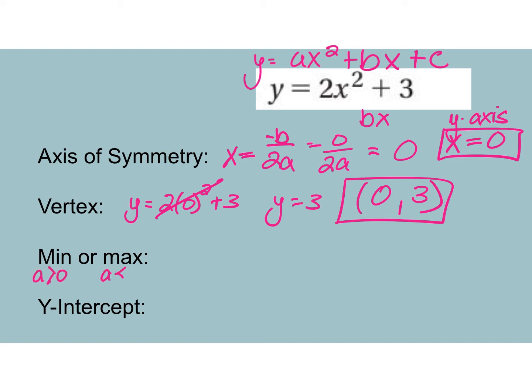If a is less than 0, there's a maximum. And in this case, our a is 2. 2 is greater than 0. So that means the parabola is going to look like this. So there's going to be a minimum.